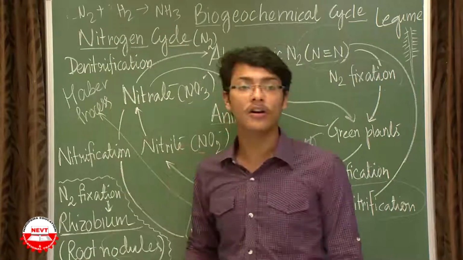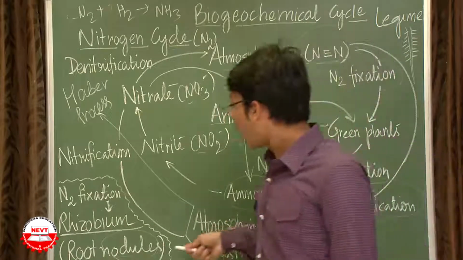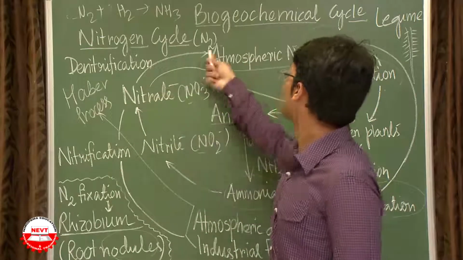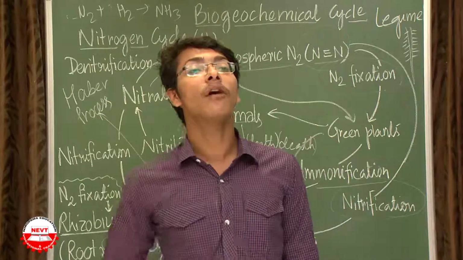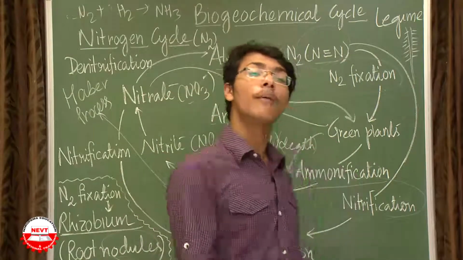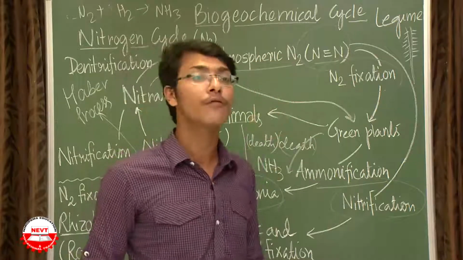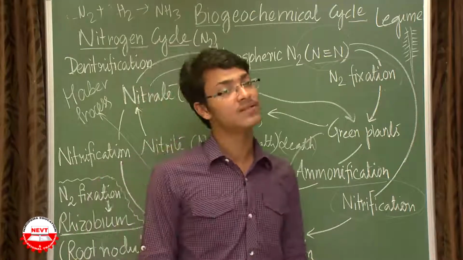This is the Haber process and the industrial fixation process as well. Again, upon nitrification, it turns to nitrate and goes back to atmospheric nitrogen. In this way, nitrogen forms a continuous cycle from the elemental form and again back to the elemental atmospheric form after being used and released by the plants and animals on the ground.